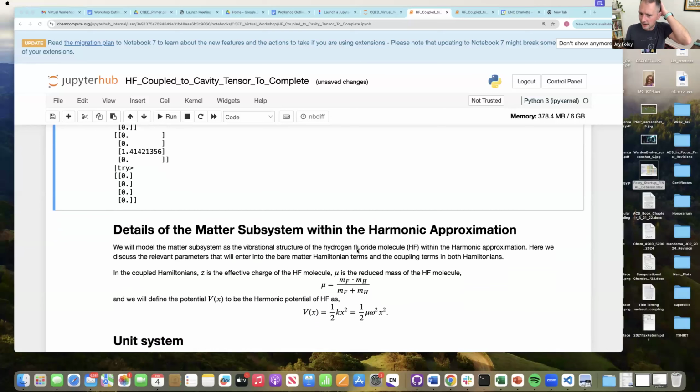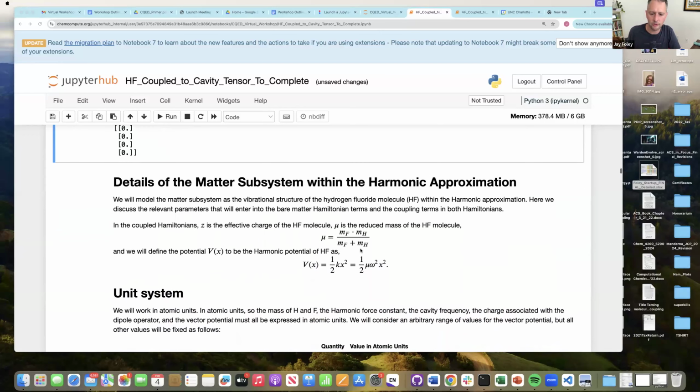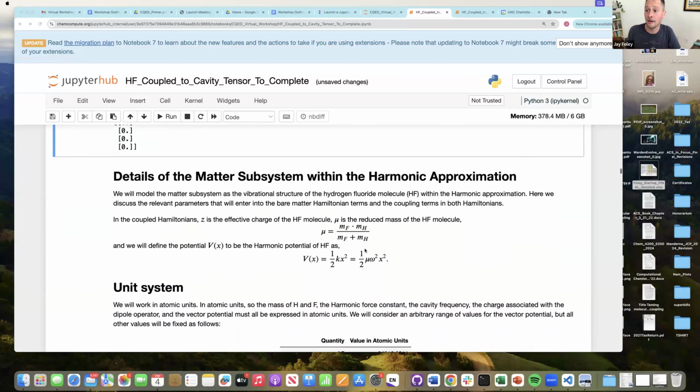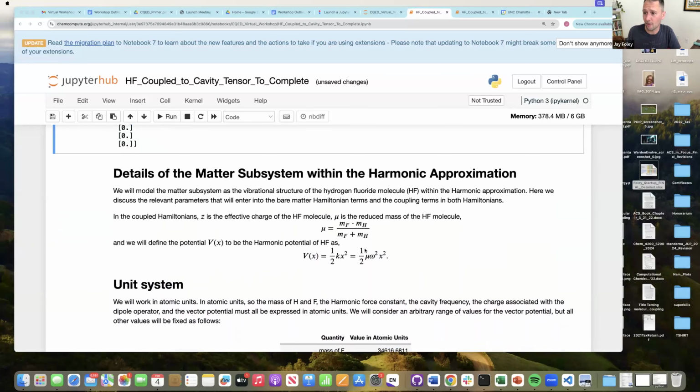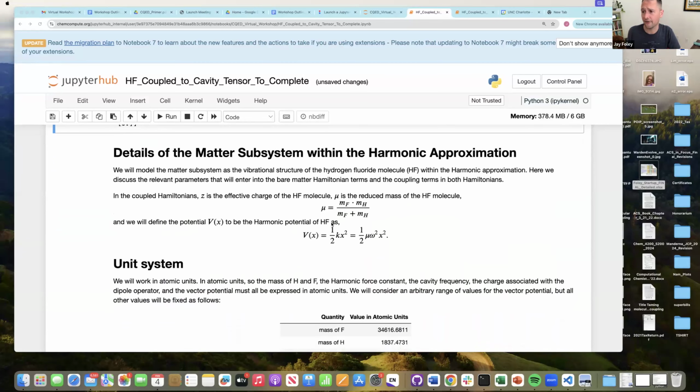So now that we have B daggers and Bs, the very last thing that I'm going to do before I turn it over to Ruby is I'm just going to take you through setting up the parameters of the harmonic oscillator for HF. As we wrote down yesterday, we've got the harmonic oscillator Hamiltonian.